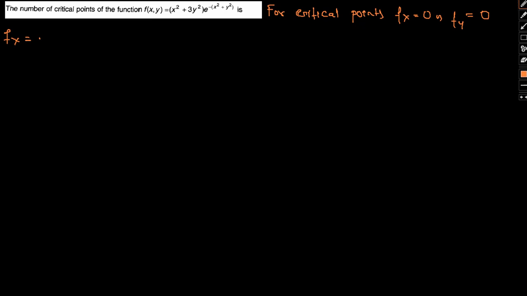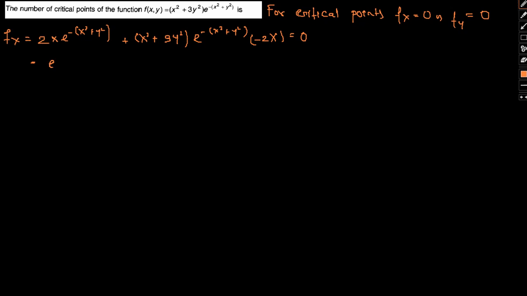fx would be 2x e to the power minus (x squared plus y squared) plus (x squared plus 3y squared) e to the power minus (x squared plus y squared) into minus 2x equal to 0.